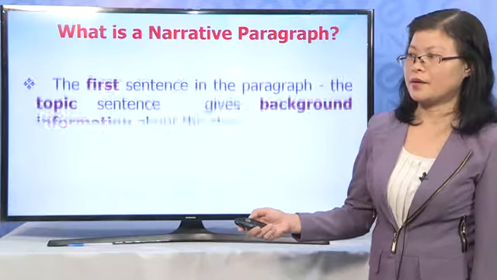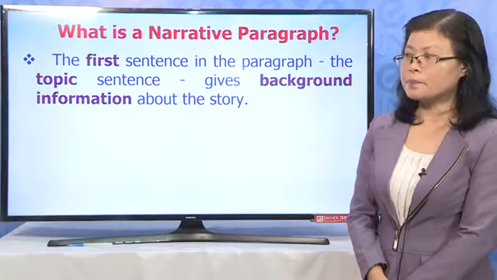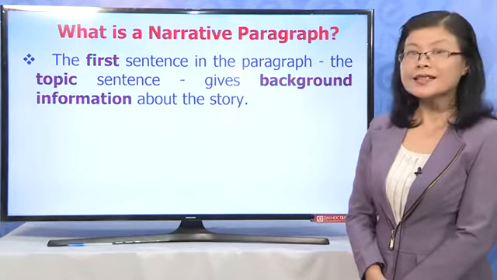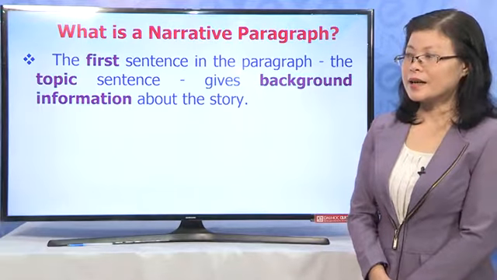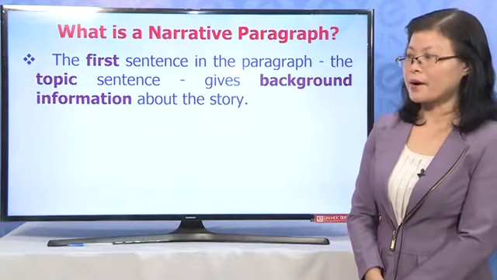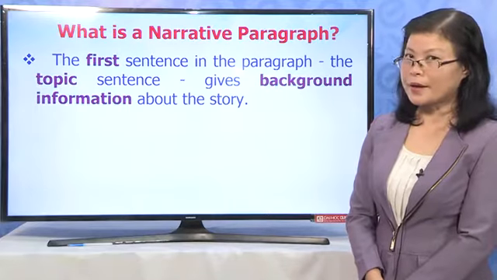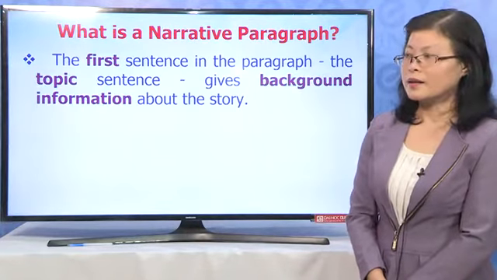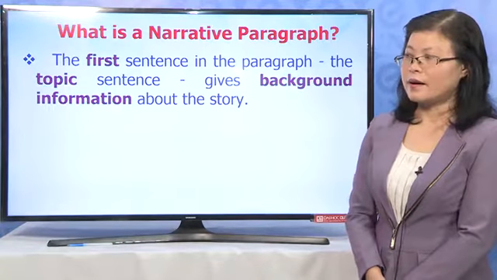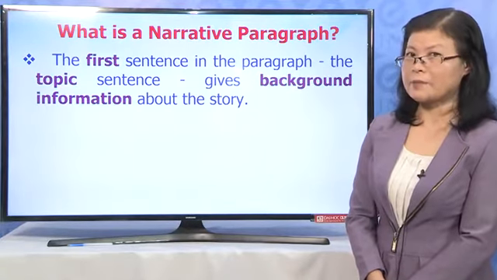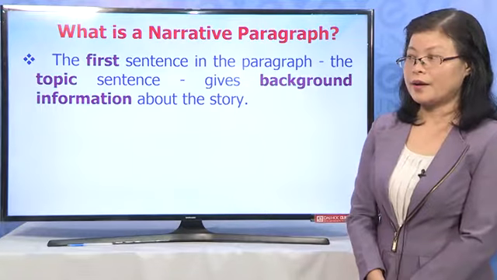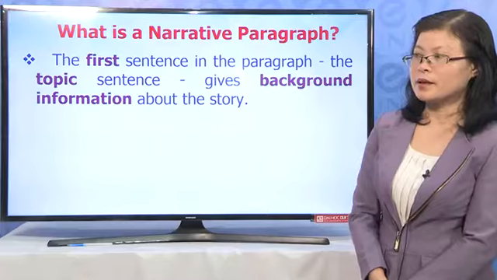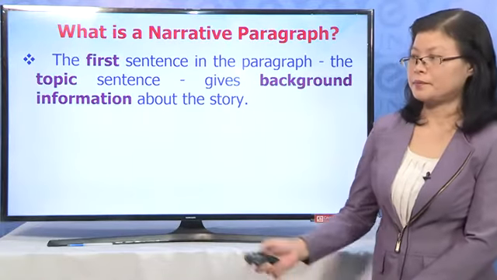Now let's see. In a narrative paragraph, the first sentence, as in other kinds of paragraphs, is the topic sentence. That means the first sentence gives the background information about the story: when, where, in which situation the story happened.